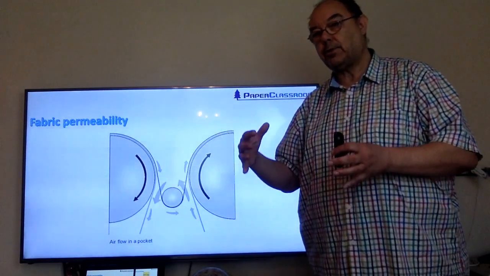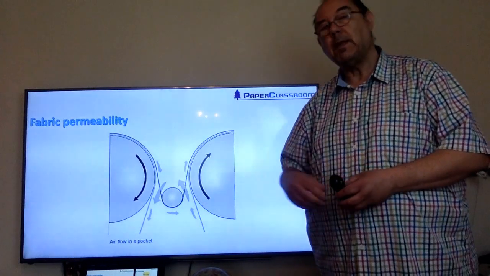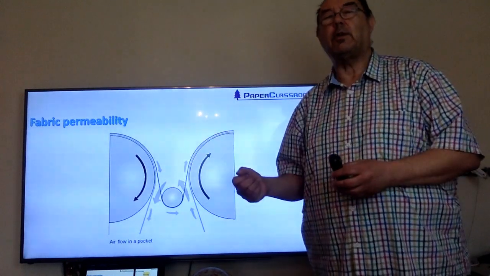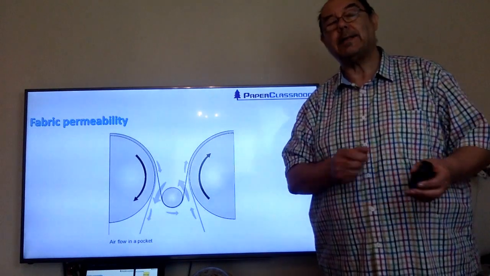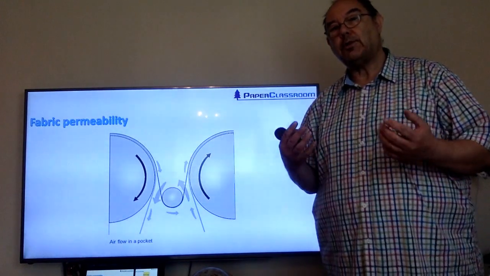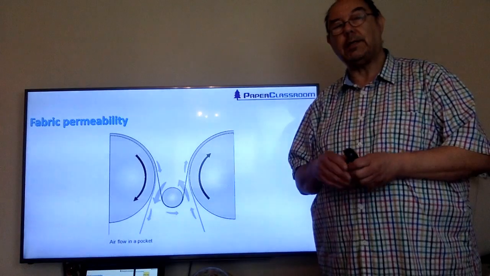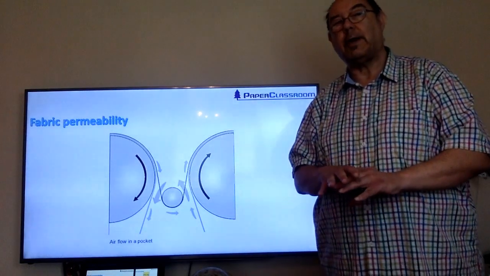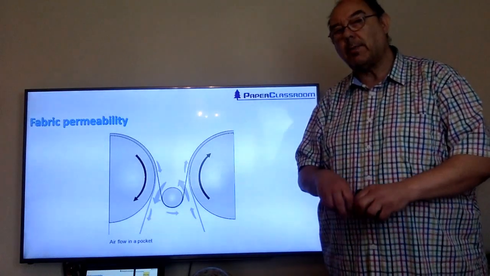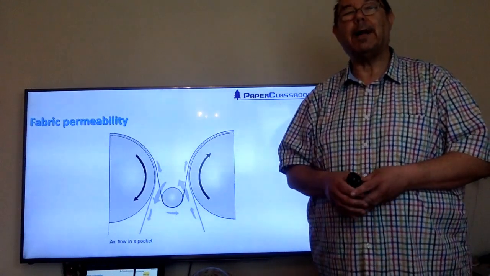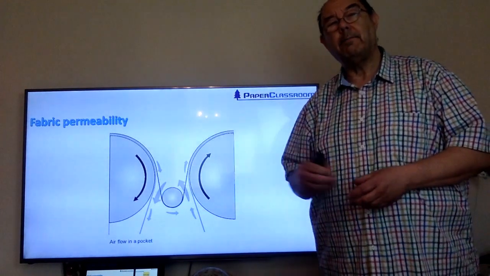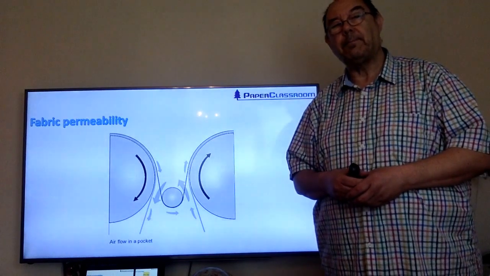Very large, strong fibres, but that potentially could mark the sheet. As we move towards the drier section, the dry end section, we tend to reduce the permeability, hold the sheet closer onto the drying cylinder. We don't need the permeability because there's not a lot of water left to evaporate, and you'll get less marking of the sheet. So that's why permeability does tend to vary.